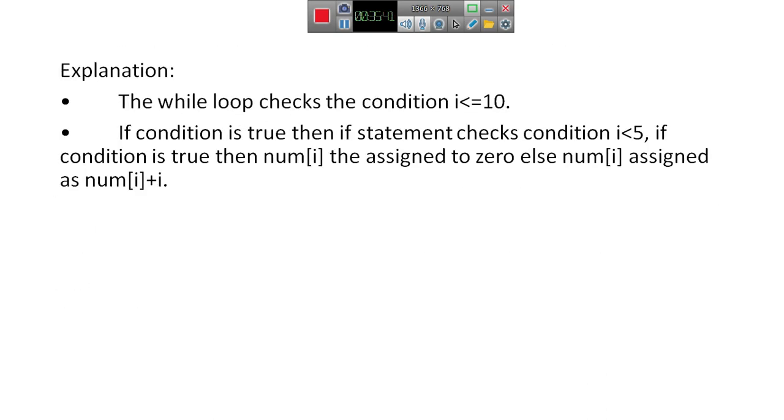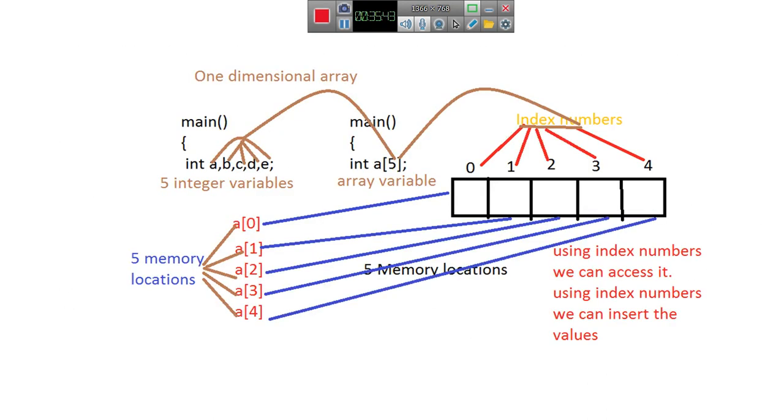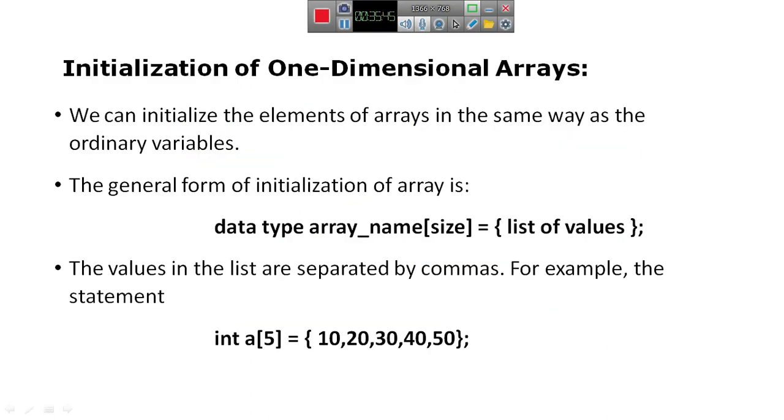Initialization is nothing but, at the time of creating an array, at the time of creation only, we are storing a value into it. So that is called initialization of an array.